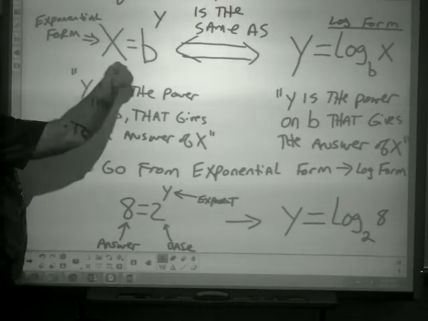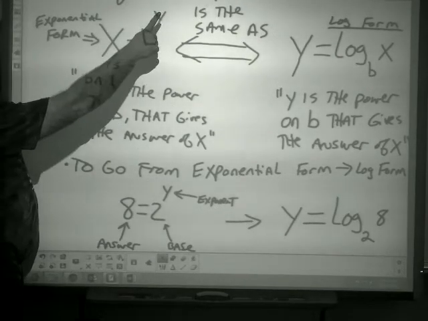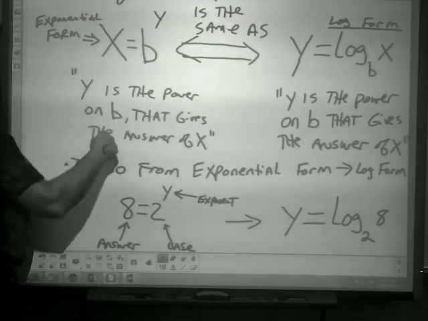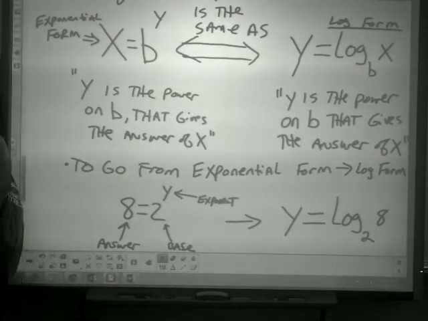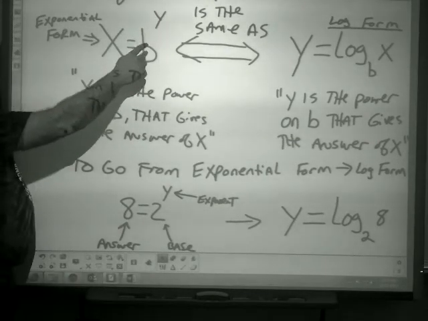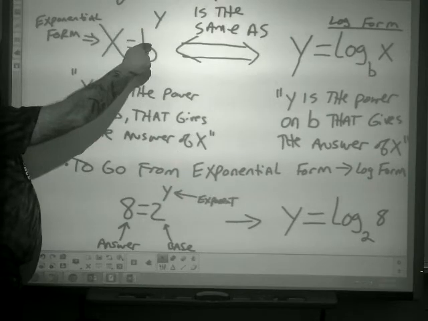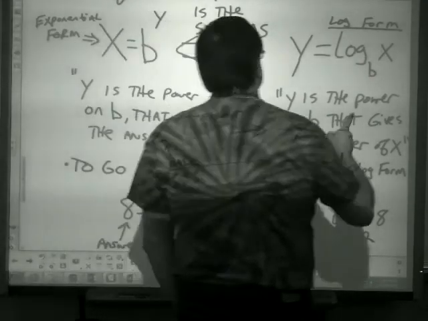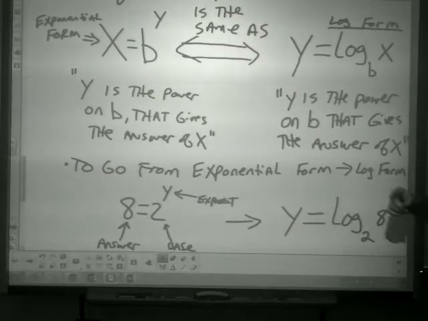Notice, what does this say? This says y is the power on b that gives us the answer of x. Y is the power that's on whatever number this is, and the answer is x. Well, I read this the same way.